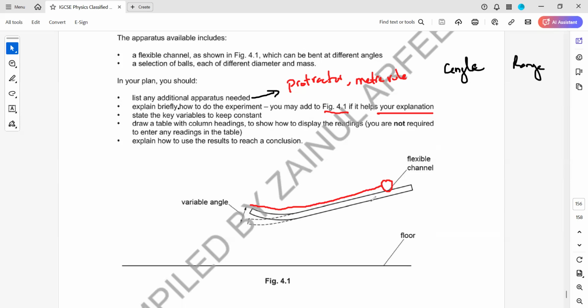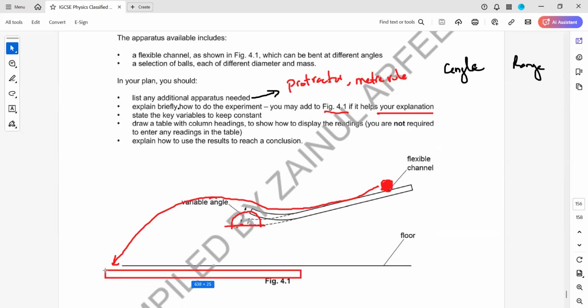We first measure the angle of this flexible channel from the horizontal. Then we release the ball from a fixed position on the flexible channel. When the ball moves, it will travel some distance and land on the floor. To measure the range, we determine this horizontal distance by using a meter rule or a meter scale.